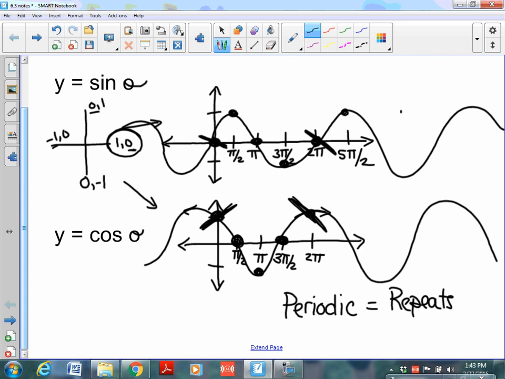These are both periodic graphs and they both repeat. And all we're doing is letting you know what the period is for a sine and cosine graph. They're exactly the same. 2 pi is the period. What does 2 pi mean? 2 pi means 360. That means it takes 360 degrees before it starts repeating itself, right?